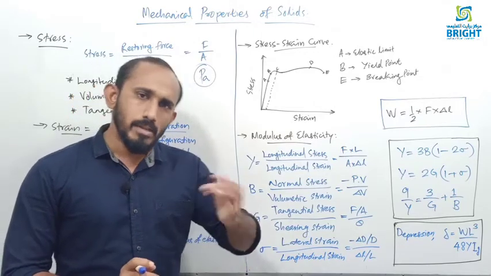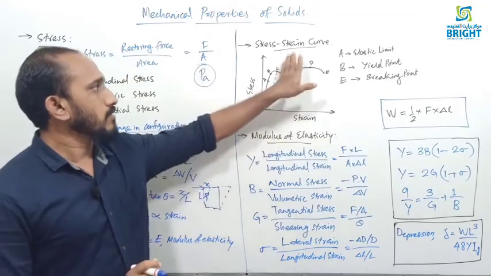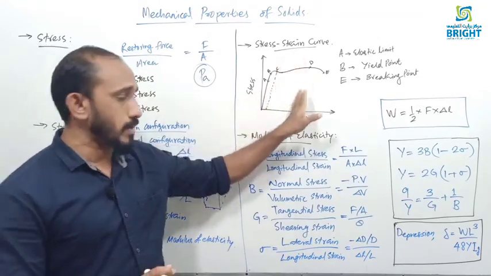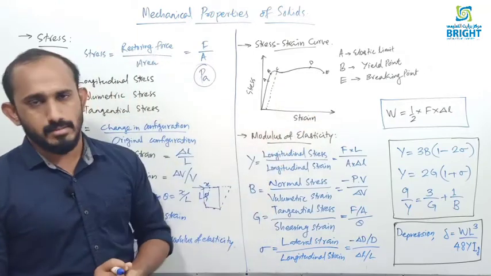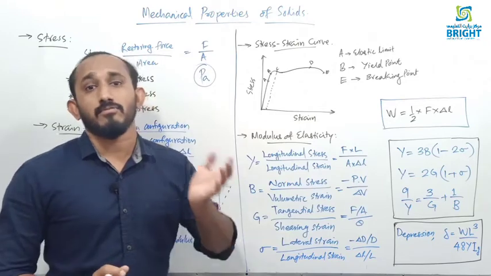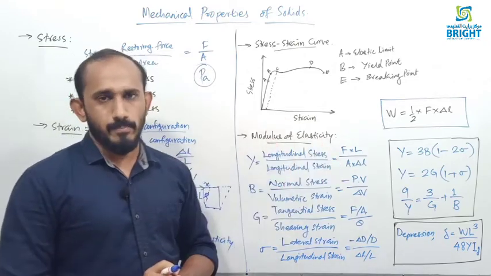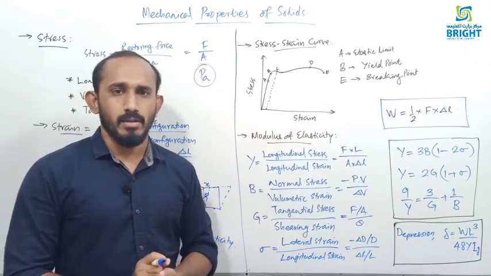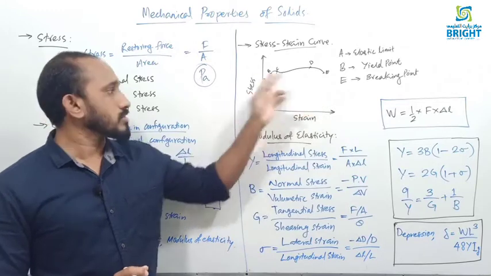We'll come to that. Now, based on Hooke's law, stress is proportional to strain. If you plot a curve, we'll have a stress strain curve like this. These curves give you an idea about how to compare two materials: which have more elastic limit, which have more yield, which have more plastic region, which can bear higher weights, which have less breaking point. These all things we can discuss based on this graph, the stress strain curve.